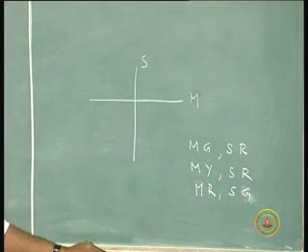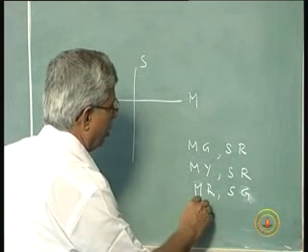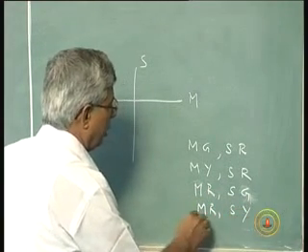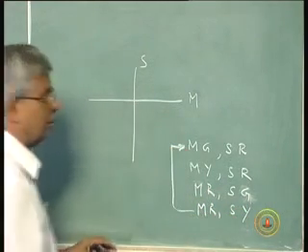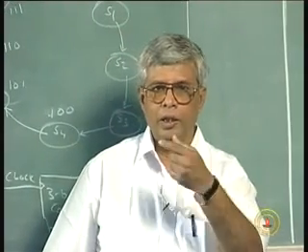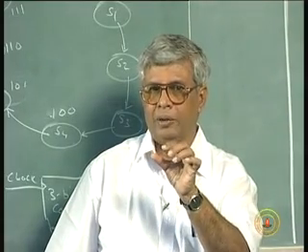Correct? And then main road will become red, side road will become yellow. And then again it will go back. We can have a sequence without any control, you can give a timer.